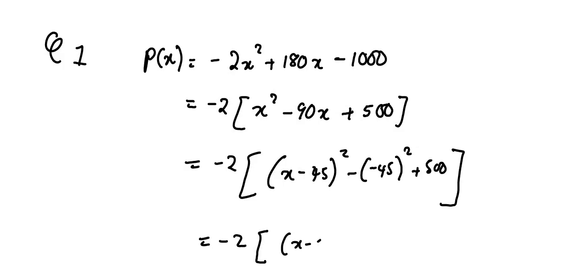Then this will be x minus 45 squared, then minus 45 squared, which will give us 2025. Then plus 500 this side.